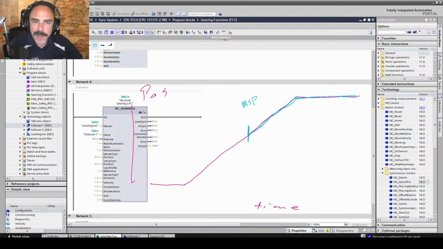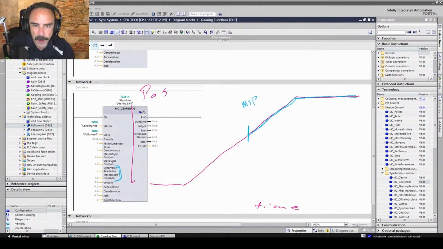Now, what does the following axis look like before that? That's what all this other stuff is. So you have these other two, the sync profile reference and master start distance. Those determine what it looks like before then. We need to look at the different values here for the master start distance based on the sync profile reference.